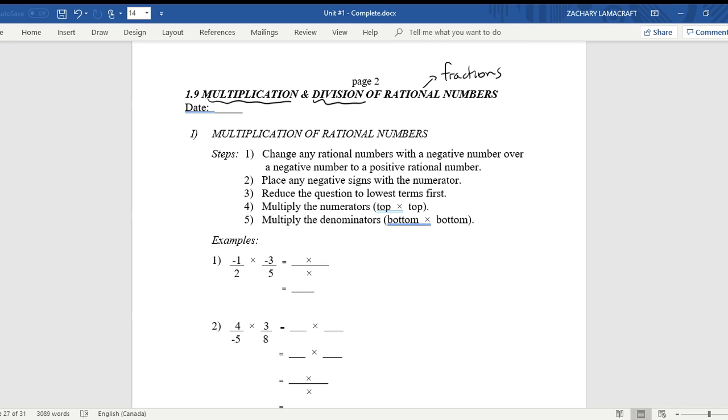So I actually think this is a little bit easier than addition and subtraction of rational numbers because there's a lot less we need to do. So step one is to change any rational numbers with a negative number over a negative number to a positive number.